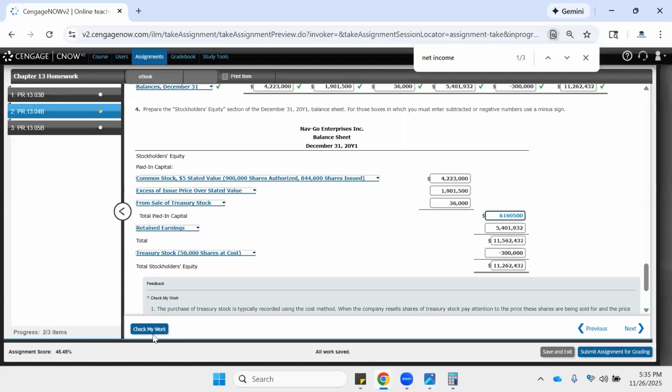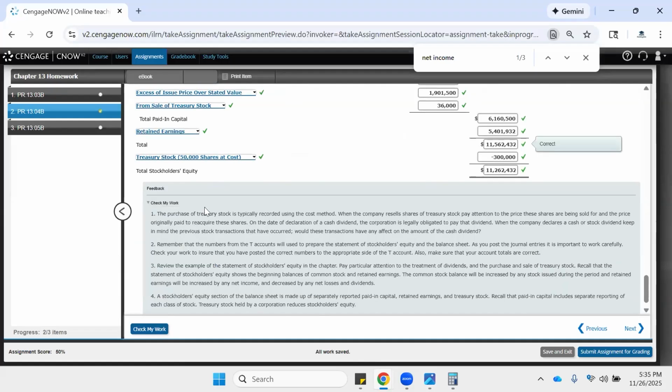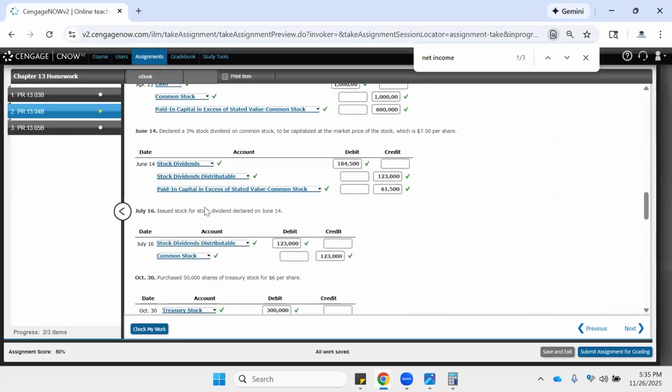And so we just have to subtotal, or you can work backwards from total equity and determine the total paid-in capital, total equity before treasury stock, and then treasury stock, and then total stockholders' equity. That's all for this transaction.